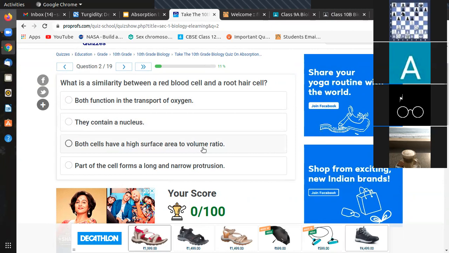Both cells have a high surface area to volume ratio. This could be one possibility. Parts of the cell form a long and narrow protrusion. In RBCs there is no protrusion, while root hair cells have that hair-like outgrowth. So this is again not an option. The remaining option is that both function in the transport of oxygen.